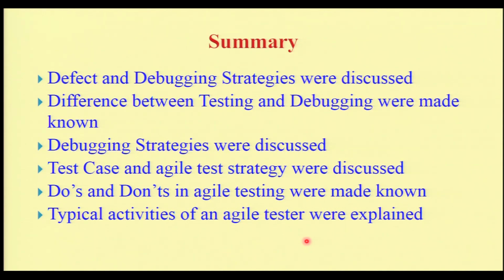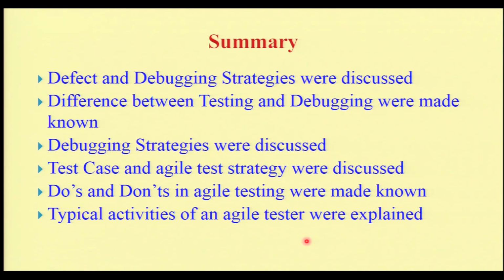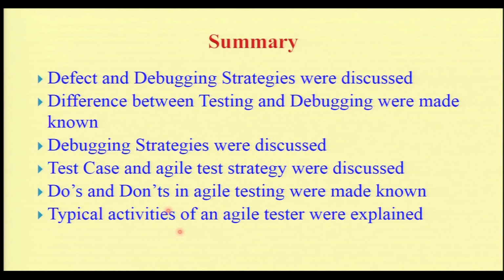Now, let us summarize whatever we have seen in this session. We have seen what a defect is, what a bug is. Both defect and bug are one and the same. What a failure is, what a fault is. We have also seen what debugging is, the strategies of debugging, and the basic differences between testing and debugging.